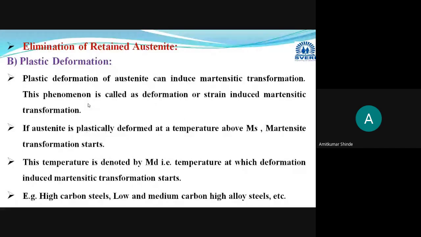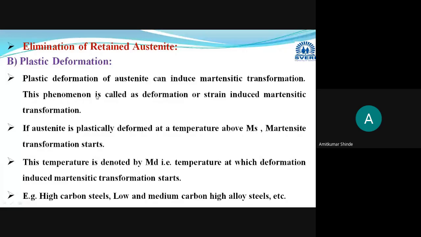After this, the next method used for elimination of the retained austenite is plastic deformation. This is very simple. Just one point will be there; I have mentioned the terms involved and a few examples.